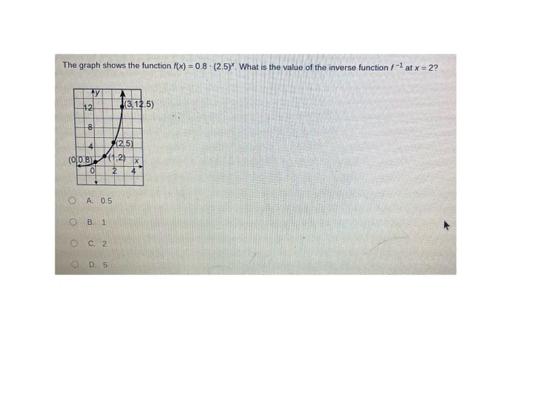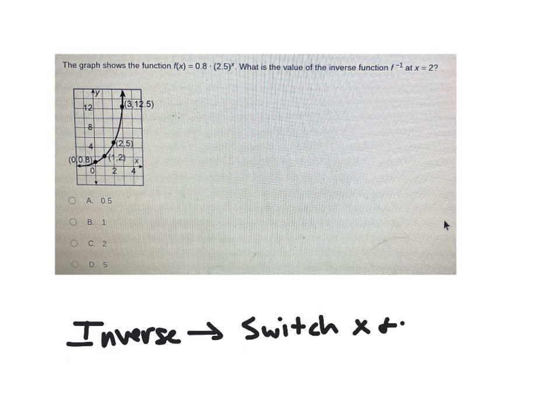This question says the graph shows the function f of x equals 0.8 times 2.5 to the x power. What is the value of the inverse function f inverse at x equals 2? When we think of inverse functions, the first thing that comes to mind is that we switch x and y, and then we solve for y.